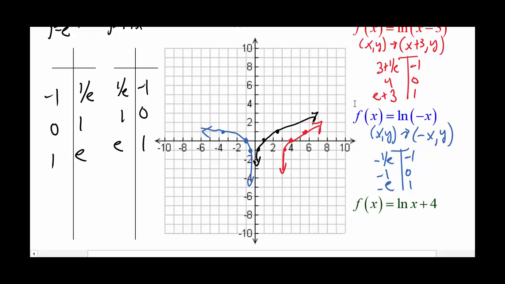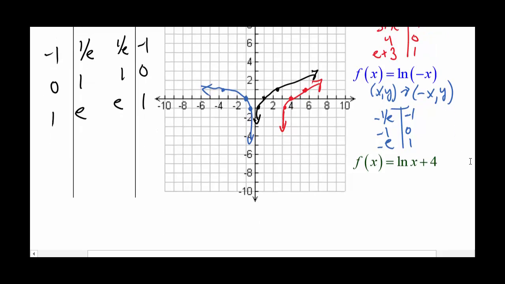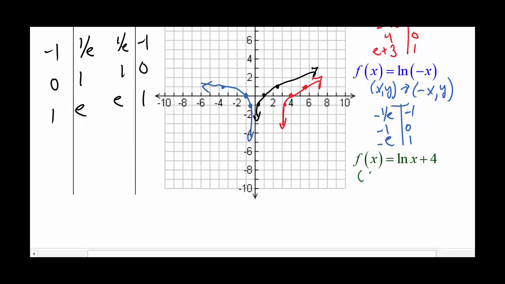And last but not least, that plus 4. What is that plus 4 doing? It's actually on the outside, so that's going to add 4 to all of the y values. So all of the x values stay the same. So 1 over e, 1, and e. Alright, so let's add 4. Negative 1 plus 4 puts us at 3. 0 plus 4 is 4. 1 plus 4 is 5.